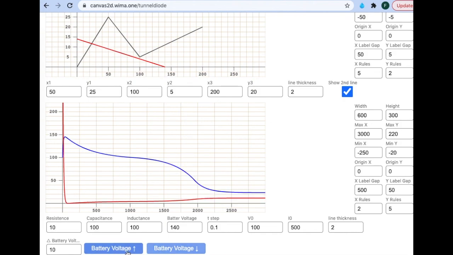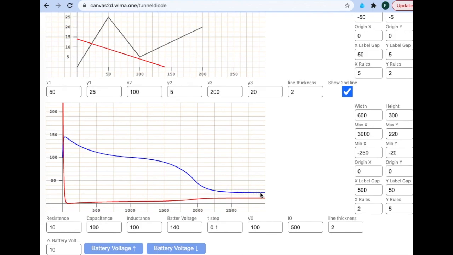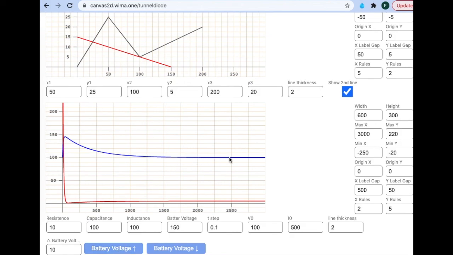Let's see again. So you see that the voltage originally stabilized at 25 something, so 25 here, and as I increase the voltage of the battery, it jumps to 100. So as soon as you have two stable points, the jump happens.